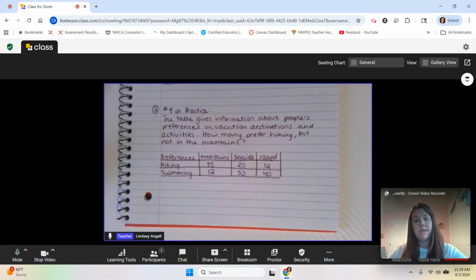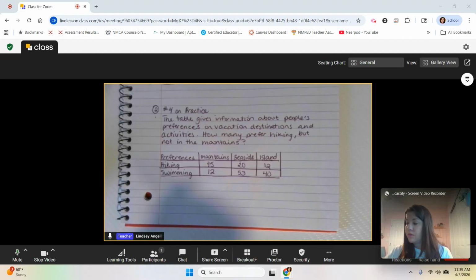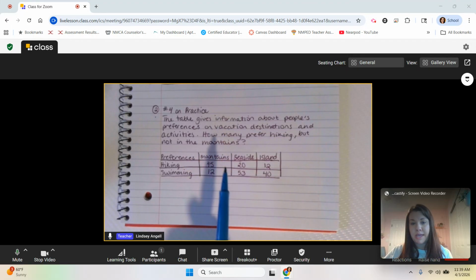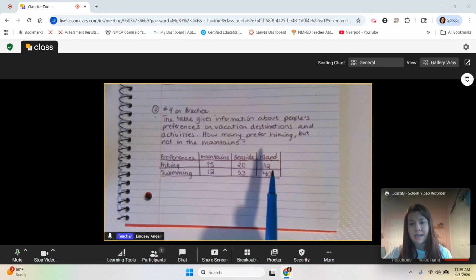Number 2 comes from number 4 on your practice. With this one, it says the table gives information about people's preferences on vacation destinations and activities. How many people prefer hiking but not in the mountains? Okay, so there are 2 activities, hiking and swimming, and then 3 different locations, mountains, seaside, and island.